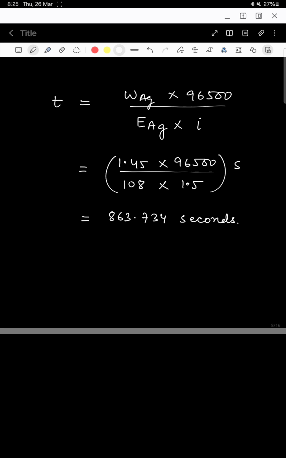So 863 divided by 60, if you want to convert into minutes for example, it will be approximately 14 minutes and some seconds, so around 14 minutes 23 seconds. So you can convert, but it is not compulsory.